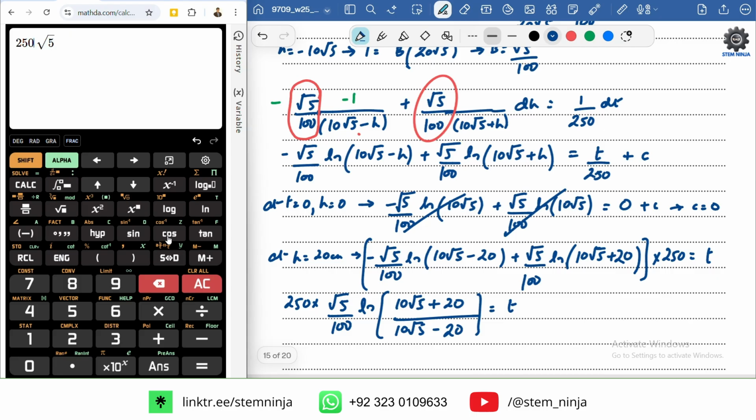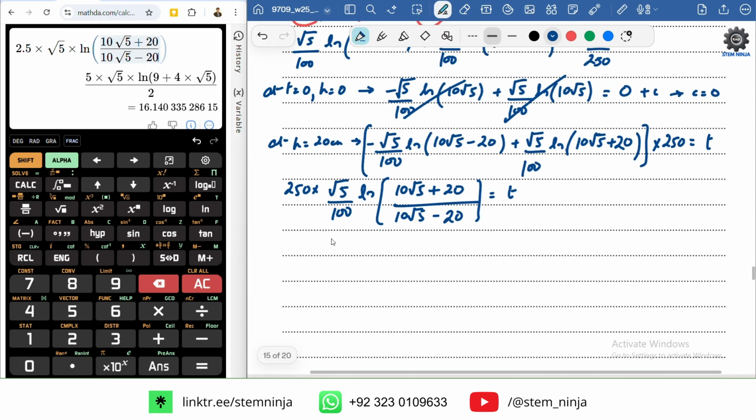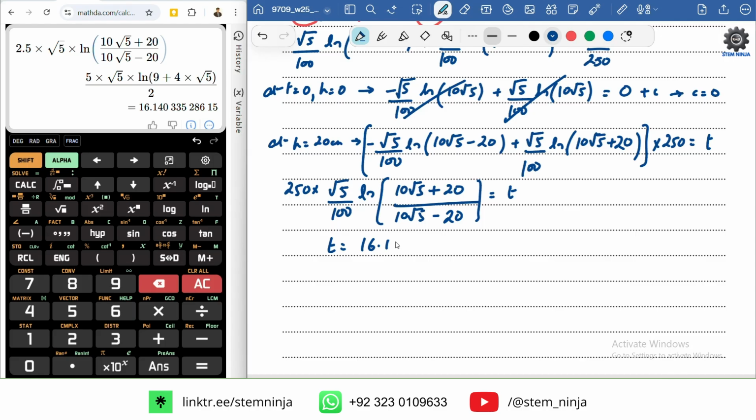So I think we could have just simply done 2.5 times by that, right? Times by ln of 10 root 5 plus 20, then 10 square root 5 minus 20. So how many? 16.14 seconds. Since this is an inexact answer, we can just stick to 3 significant figures. That's it.